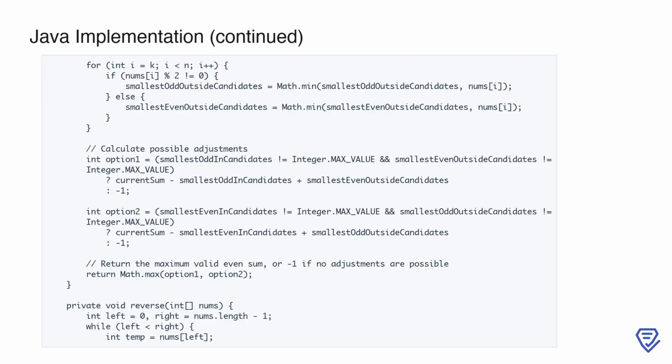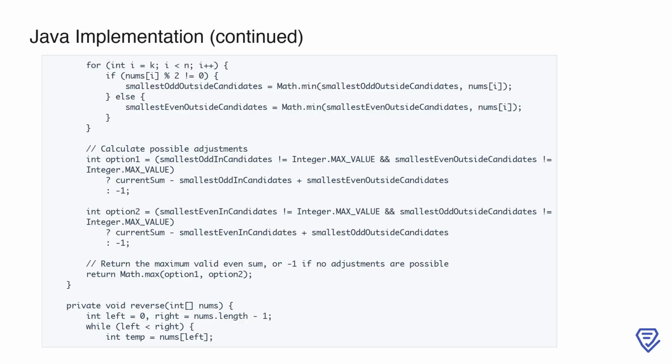With these smallest values identified, both inside and outside the candidates list, we calculate two possible adjustments. The first option, option 1, involves replacing the smallest odd number in the candidates with the smallest even number from outside. Similarly, the second option, option 2, involves replacing the smallest even number in the candidates with the smallest odd number from outside.